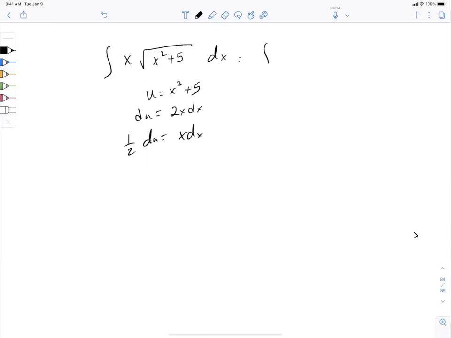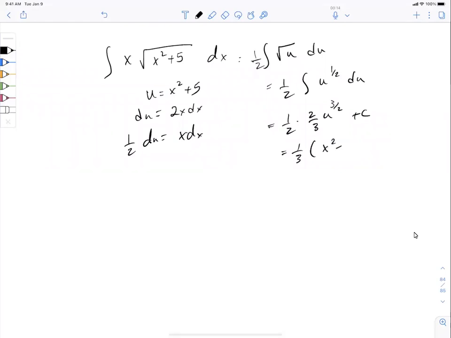So it is 1/2 square root of u du, which is 1/2 u to the 1/2 du, which is, you get the idea, 2/3 u to the 3/2 plus c, and that's 1/3 times x squared plus 5 to the 3/2 plus c.